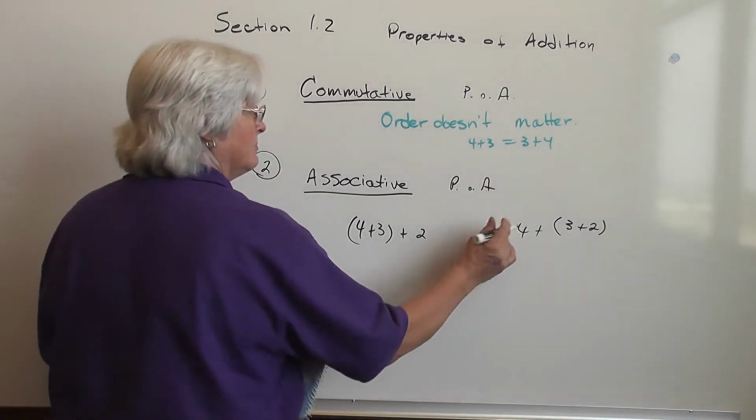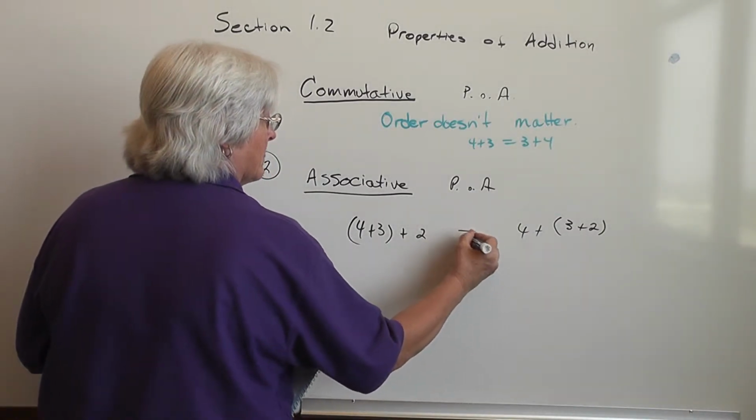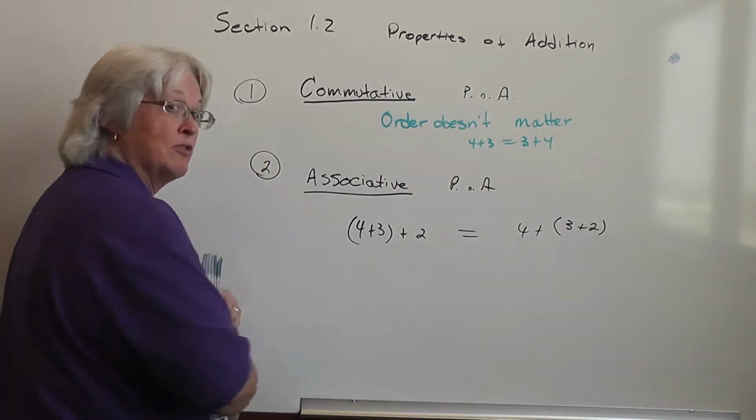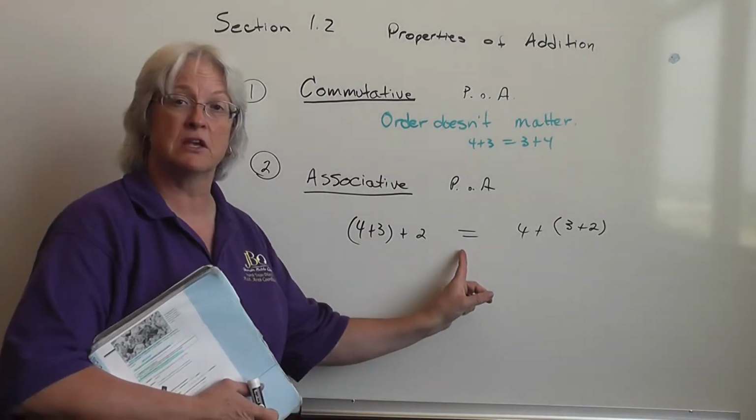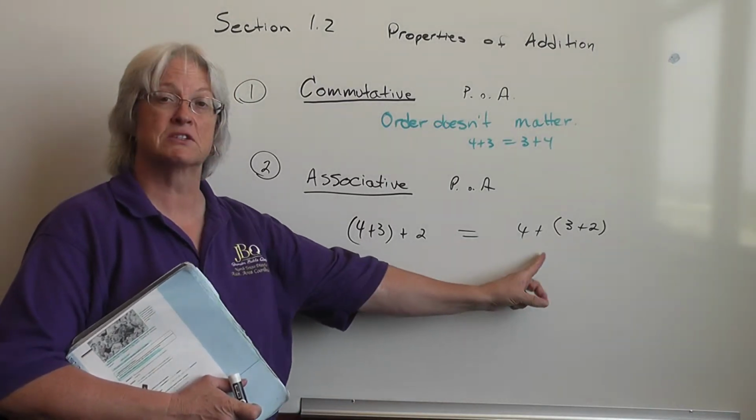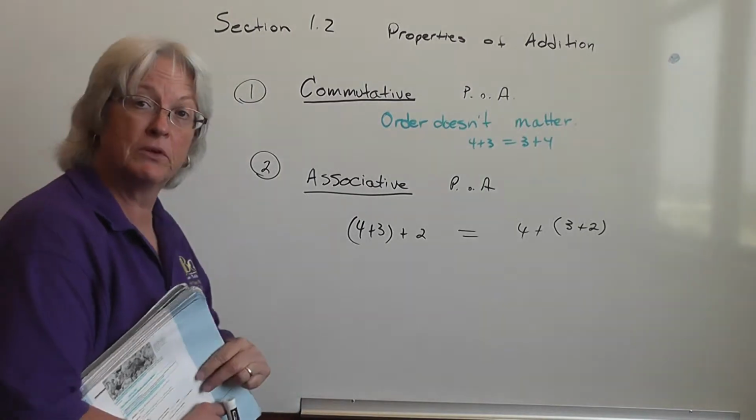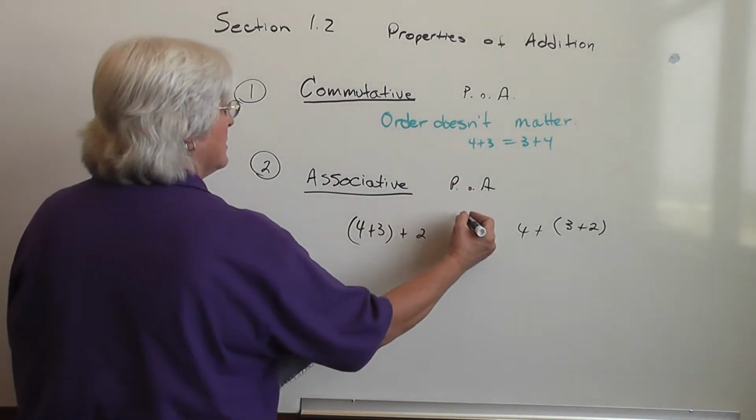Is this true? This says the quantity 4 plus 3, plus 2, is equal to 4 plus the quantity 3 plus 2. I'm going to put this little question mark in front of it.